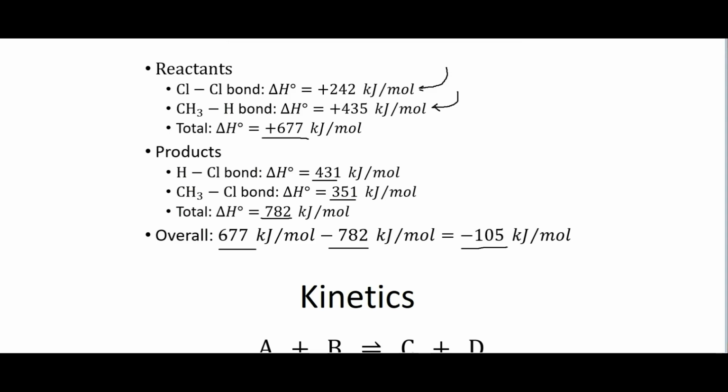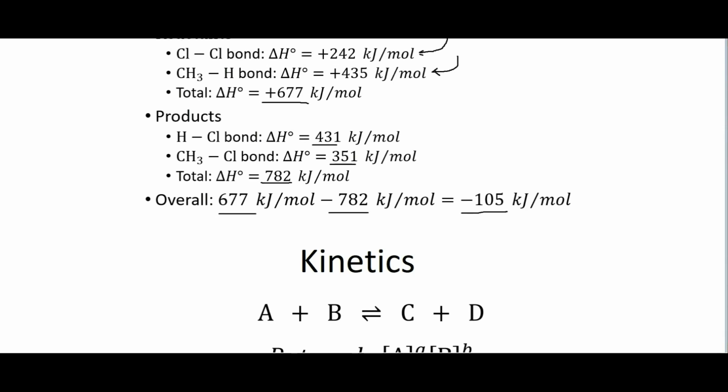That is the enthalpy of the reaction, the difference in the strength of the reactant bonds and the strength of the product bonds. Remember, negative is exothermic.